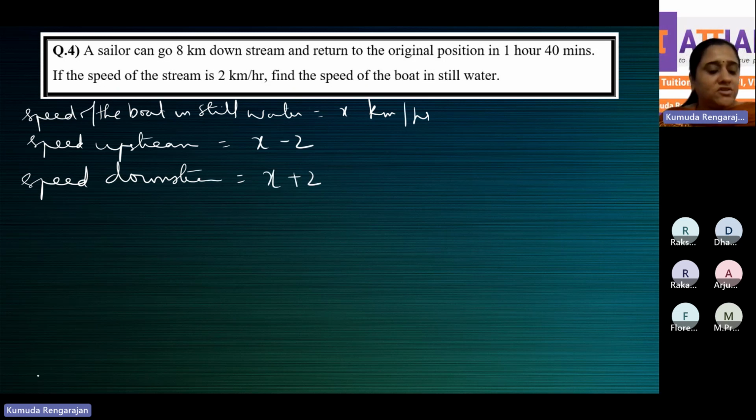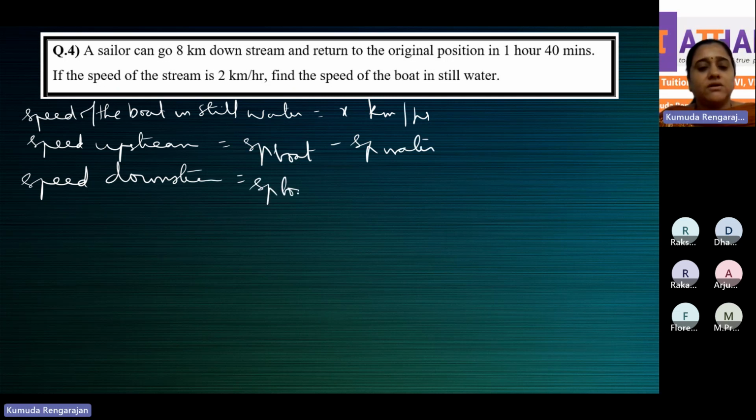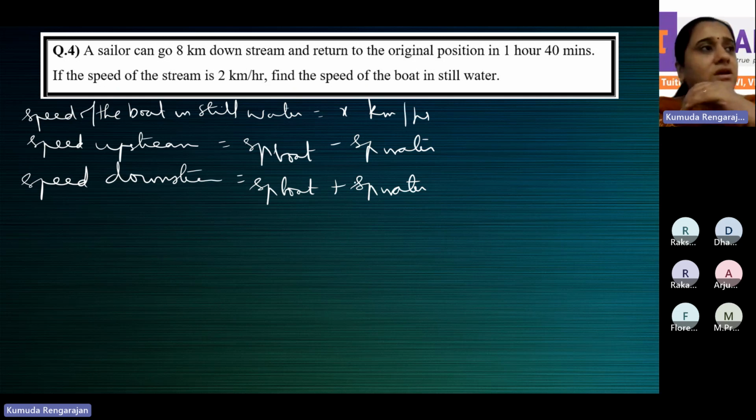Upstream is the speed of the boat minus the speed of the water. Downstream is the speed of the boat plus the speed of the water, because downstream means going in the same direction as the flowing water.